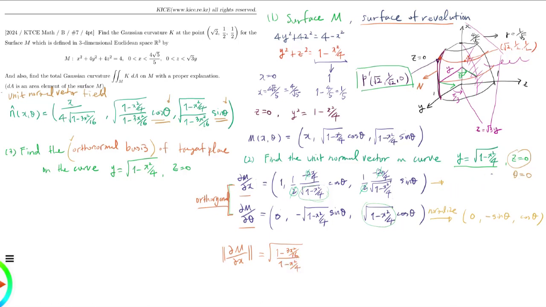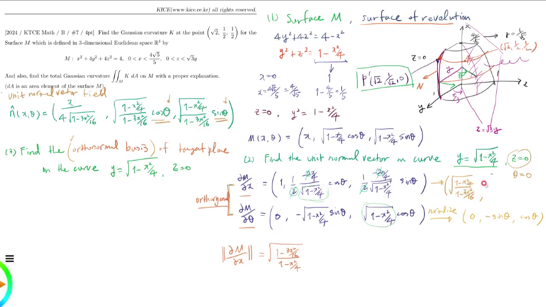So the normalized vector will be the inverse of this: the square root of (1 minus x squared over 4) over (1 minus 3x squared over 16).